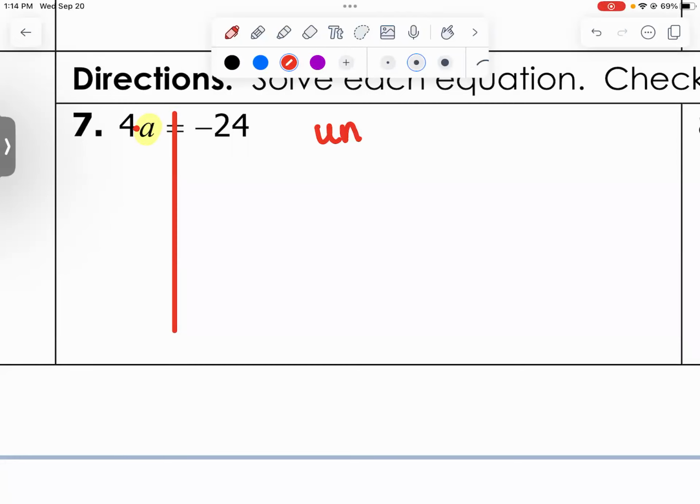So in order to undo our multiplication, it looks like Alexander, group number 2, group number 3, group number 4, 5, 6, and 7, you all decided to divide both sides by that 4 to cancel it out to get A equals -6.